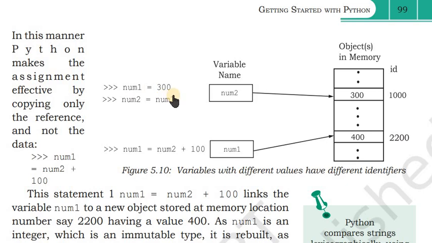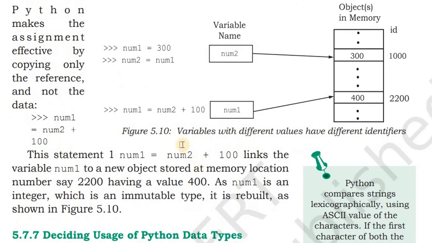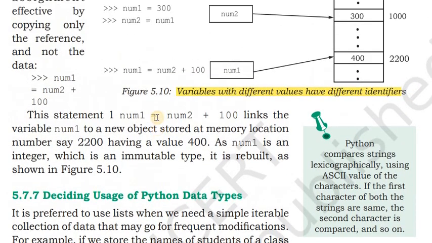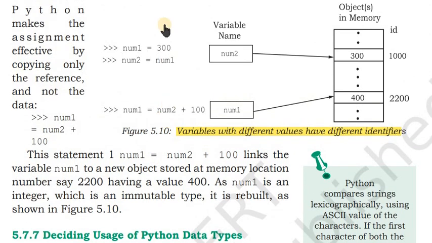See, num1 is equal to 300, num2 equal to num1, ID 1000. Then what happens if num1 equals num2 plus 100? Variables with different values have different identifiers. You know num2's old value is 300, so 300 plus 100 is 400.